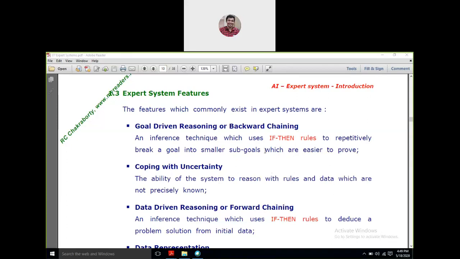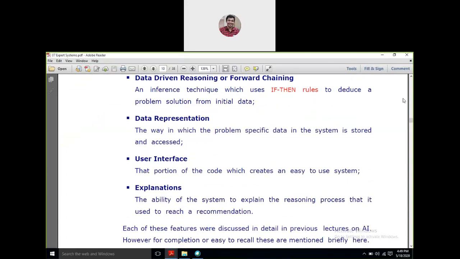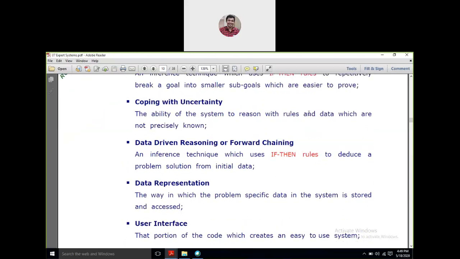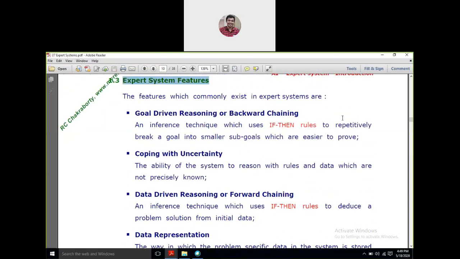So let us start now. In our expert system, in our last lecture, we started with the system features, right? The ES system features, and after that, I'm just trying to sum up in which way we will be moving. We have the rest of the expert system features to be seen today.